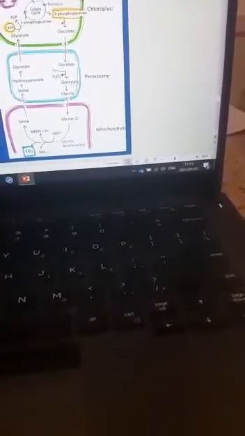Now, the next step will involve this glyoxylate, which is an organic acid. It's going to be aminated. It is going to get an NH2 group from glutamic acid. So when the glutamic acid donates its amino group, the NH2, to this organic acid, it is converted into an amino acid called glycine.